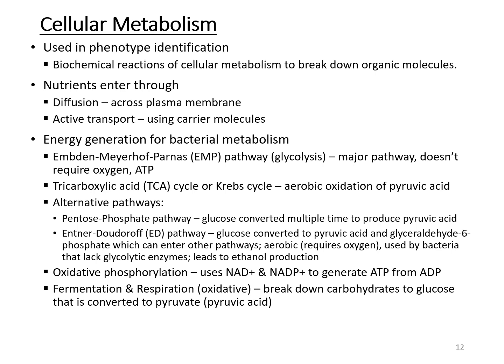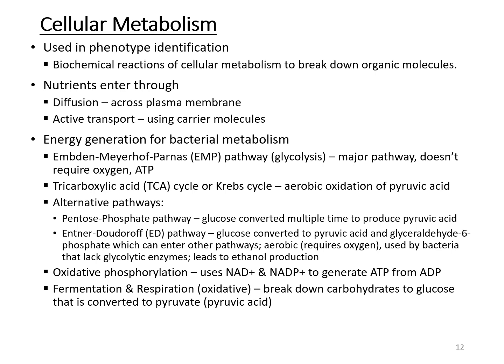There are also some alternative pathways that aren't used as often, but they are still used. These include the pentose phosphate pathway, in which glucose is converted multiple times through various steps and processes, which ultimately ends up producing a pyruvic acid. We also have the Entner-Doudoroff pathway.